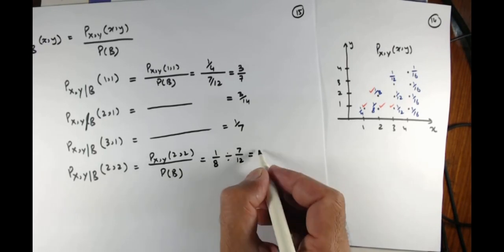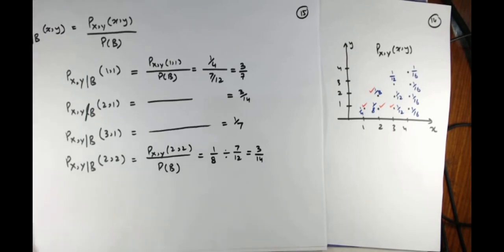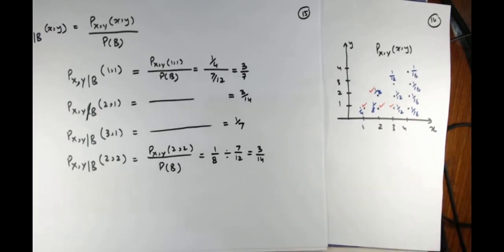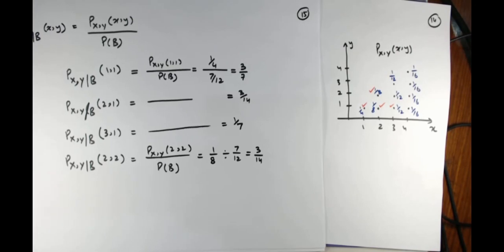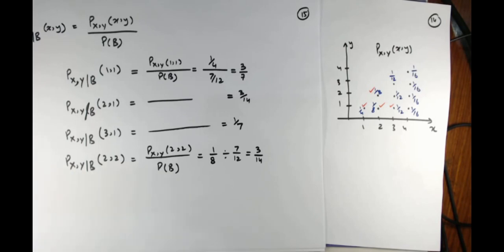So this turns out to be 3 by 14. So now we have all the 4 points with new probabilities. So we can say that we have obtained a new conditional PMF given B.